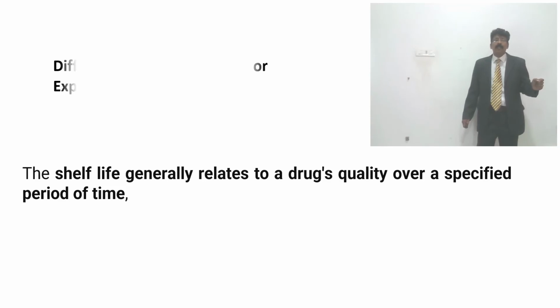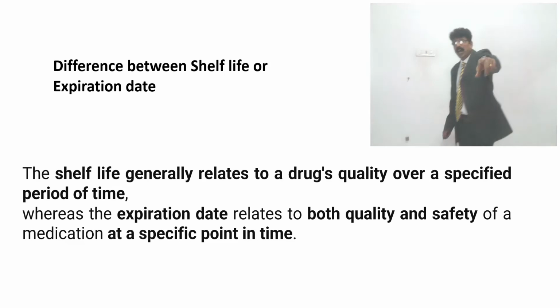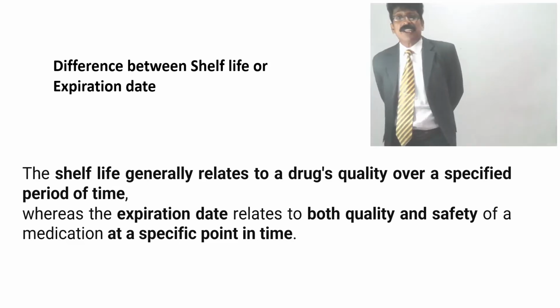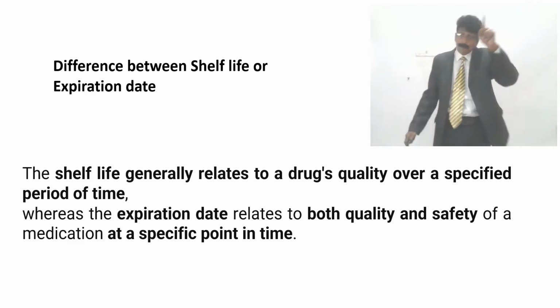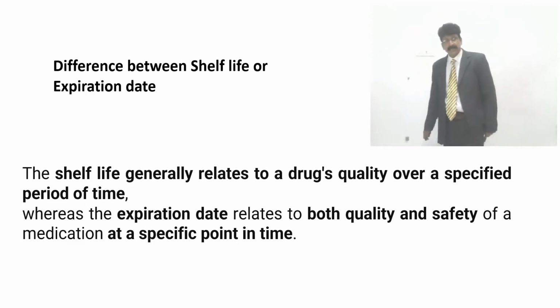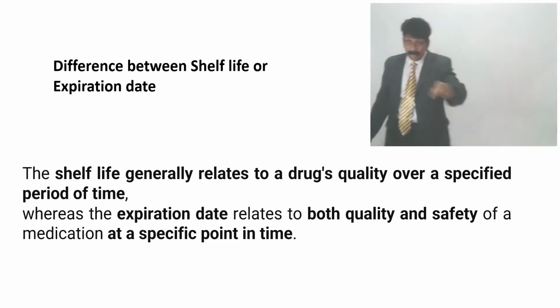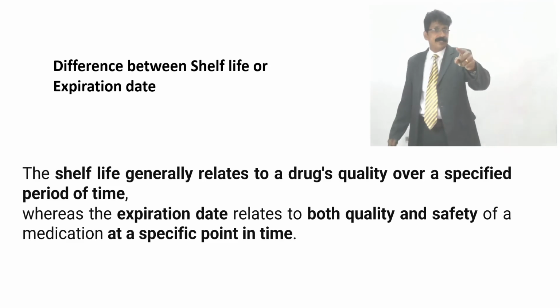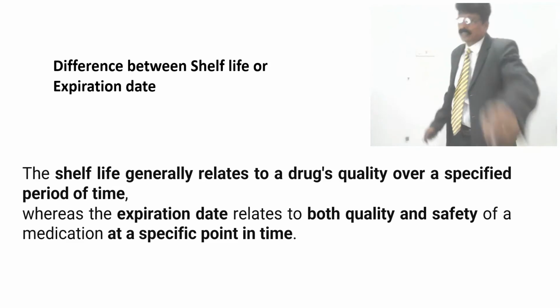You can see here the difference between shelf life and expiry date. Shelf life is generally related to drug quality over a specific period of time, whereas expiry date relates to both quality and safety. Shelf life can be given for a product.